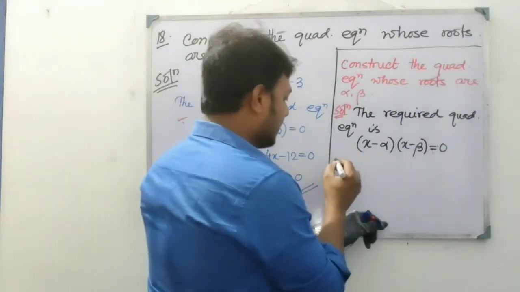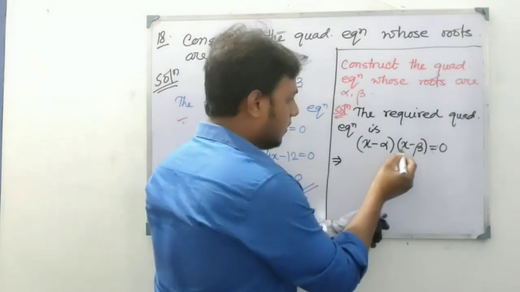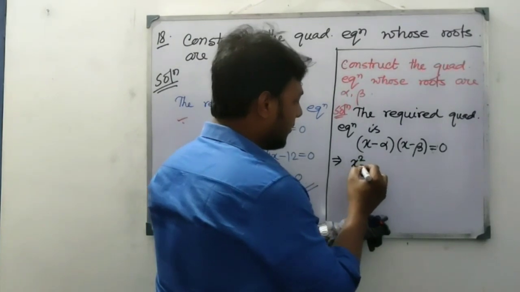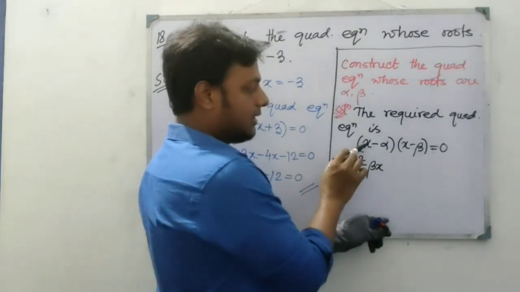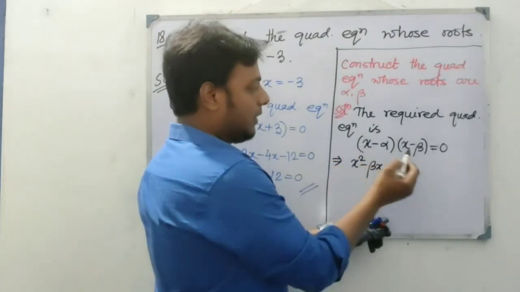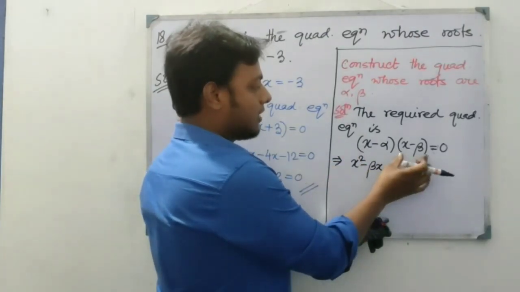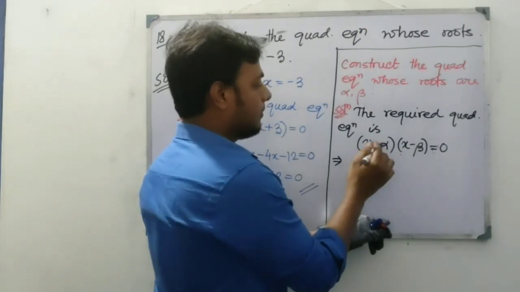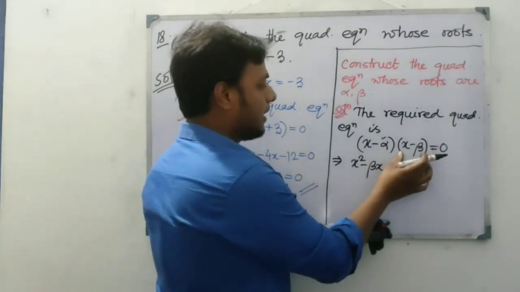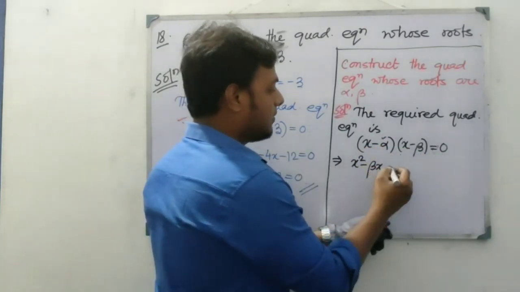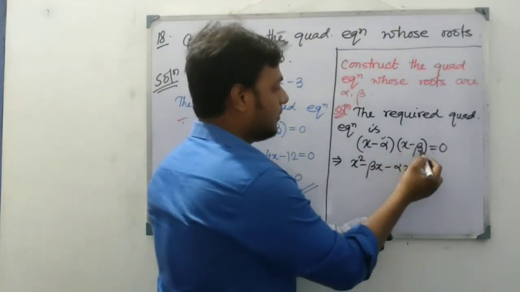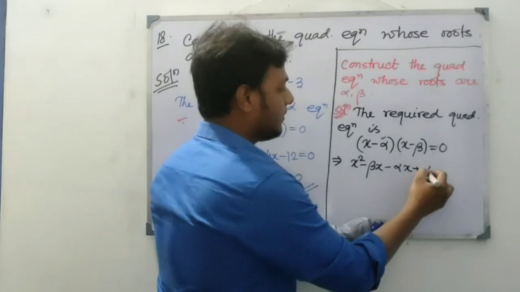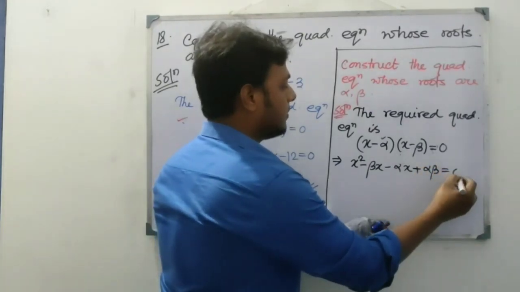Now expand it, then by distributive property it will be x square minus beta x. We consider this x and multiply with this factor. Next, if you consider alpha and multiply with this factor, then minus alpha x. This minus with beta, then minus minus plus alpha beta equals 0.